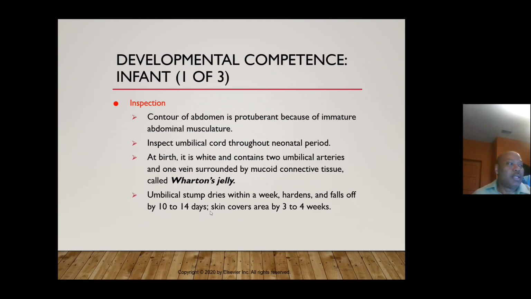Now, the umbilical stump dries within a week. It gets hard, and then it falls off within about 10 to 14 days. Skin covers the area for about 3 to 4 weeks. You can see that on page 552 for any additional information.